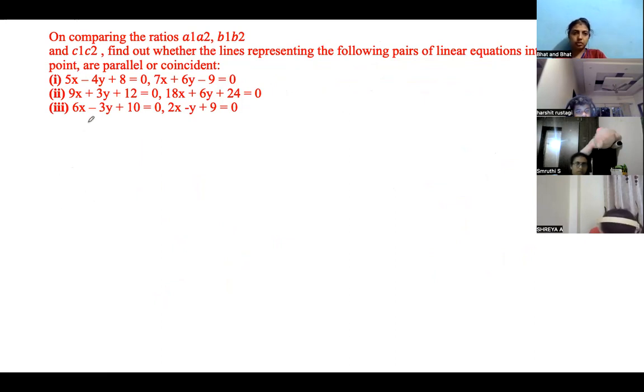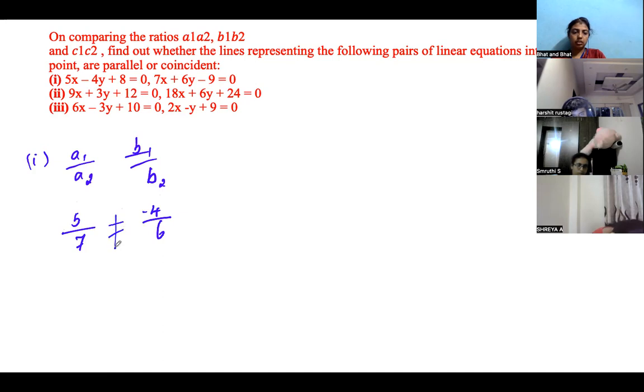So for the first one, let us do A1 by A2, B1 by B2, and see whether it is equal or not. How much is A1? 5 by 7 and minus 4 by 6. They are not equal even after cancelling 2 and 3, this will be minus 2 by 3.